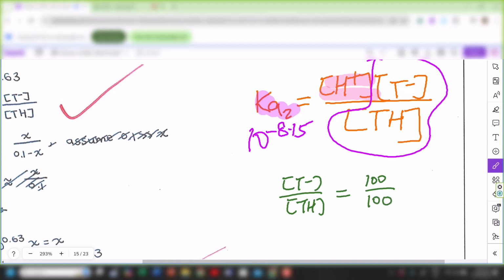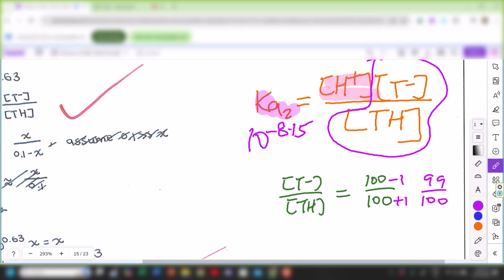Now imagine that I add 1 H plus. Then T minus will drop by 1, TH will increase by 1, so now the ratio becomes 99 to 100.